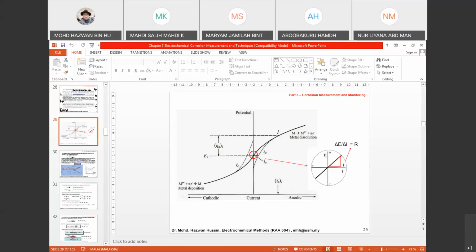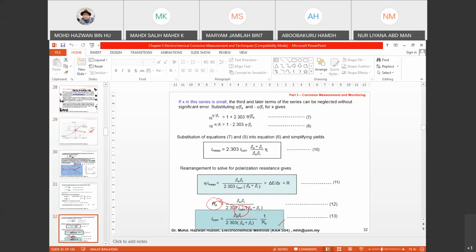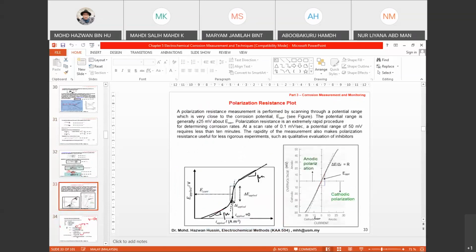Meanwhile, for linear polarization, you will get polarization resistance first, and then by using a formula, the one I mentioned to you, you can calculate I corr: beta A multiplied by beta C over 2.303 multiplied by beta A plus beta C multiplied by RP, and you will get I corr. You get RP by calculating the slope: the difference in potential over the difference in current density gives you the resistance value, in accordance with Ohm's law.